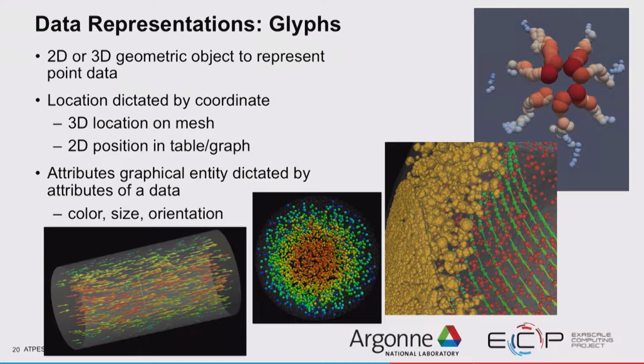The top right image is from a simulation of fuel injection, and the size of the sphere has to do with the amount of particles that a particular sphere represents. It's also colored by, I think in this case, velocity or something. So again, taking different graphical attributes and assigning them to different attributes in your data.